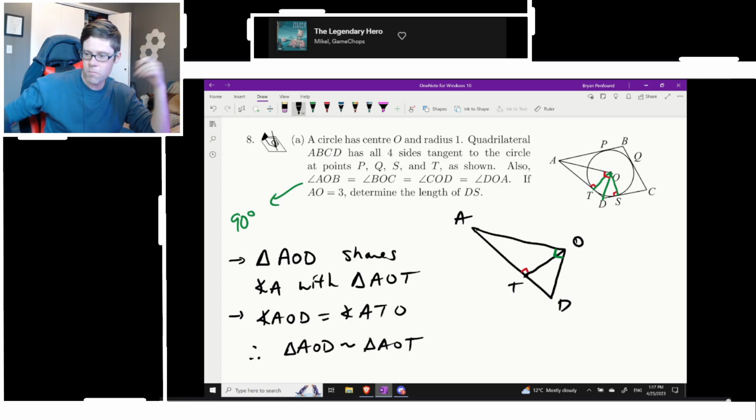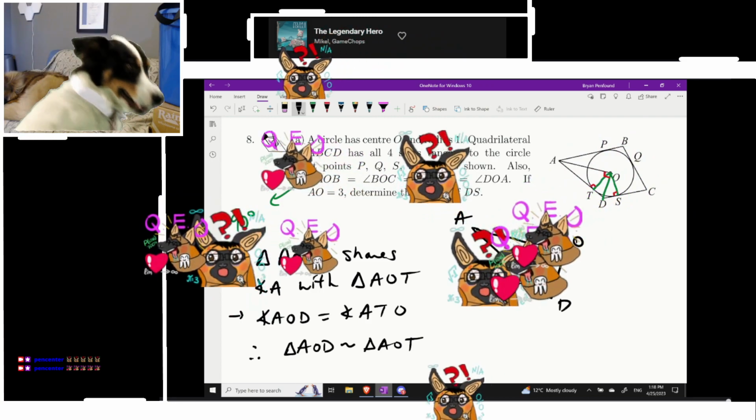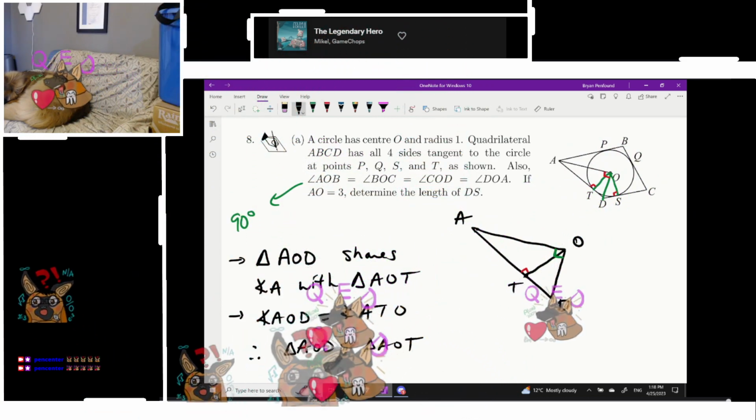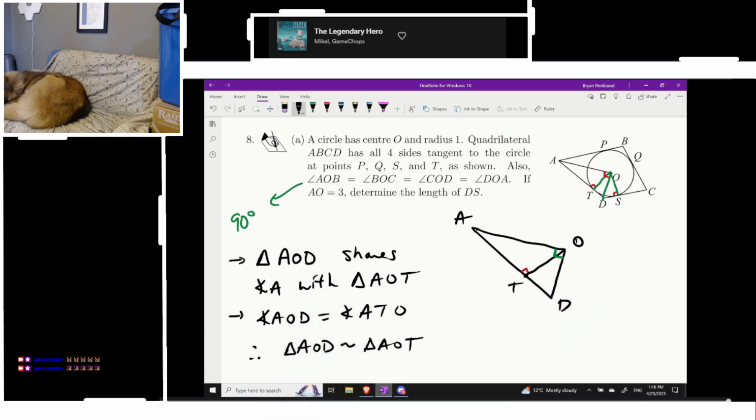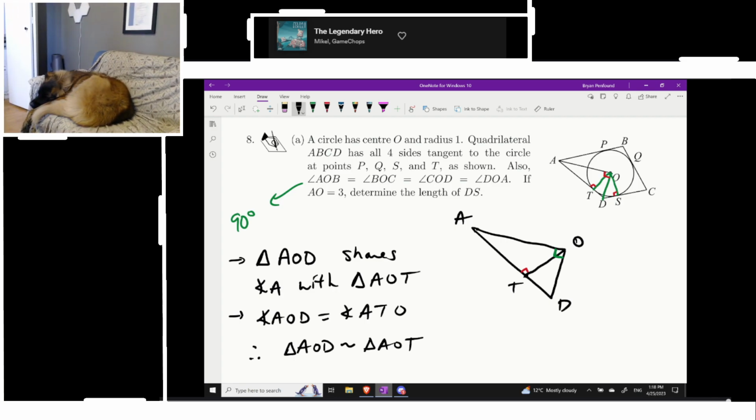Well, I think Reese might be having a nap right now. Should we throw the puppy cam on? We should probably throw the puppy cam on and see if it works. Does doggo cam work? Come on, doggo cam! Work! Oh, there he is. What a cute little guy.